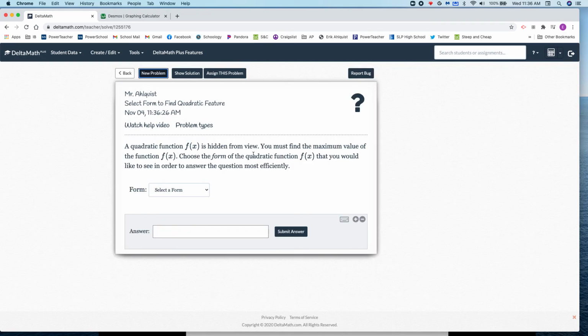Quadratic is hidden. You must find the maximum value. Choose the form of the quadratic that you would like to see. Well, if I need to find the maximum, remember that maximum value is the vertex. So I need my quadratic in vertex form. Now my vertex is 3, 8. So my maximum value is 8, because that's the highest value.